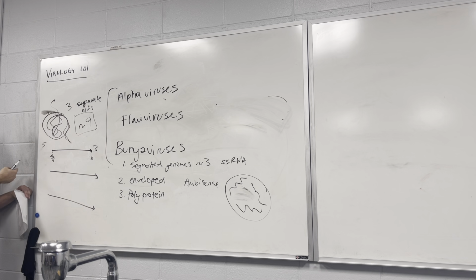Then you'd have 3 proteins. That is a polyprotein: you have 1 gene, but a protease cuts the protein into 3 separate proteins that do 3 separate things, all encoded in 1 gene.